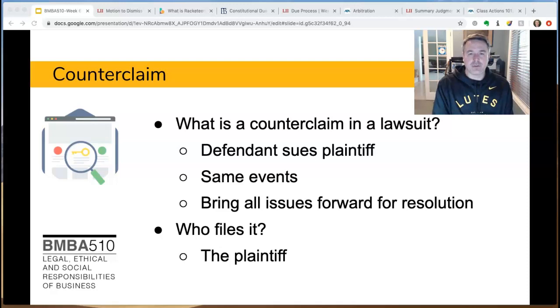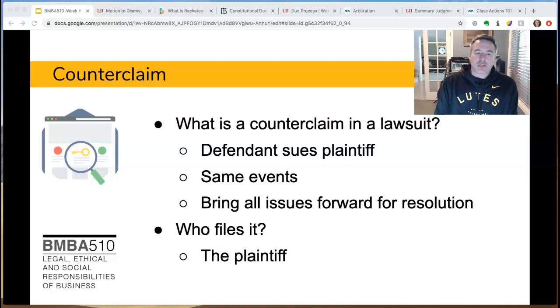So to give you an example of this, I have a client, actually a friend right now, who is involved in this, and he sued the other side for non-payment, and then the other side sued him for fraud, claiming that the reason they're not paying is because my friend committed fraud. So it's a tactic sometimes that's used as an offensive defensive strategy.